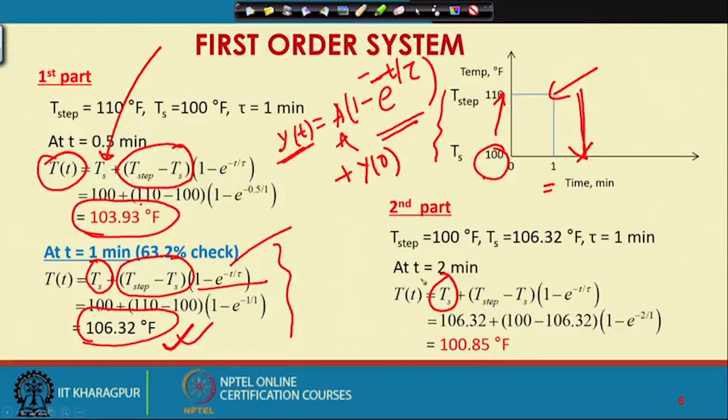Initial value is now this, because after 1 minute this was the temperature the thermometer was showing. Magnitude of step is now 100 minus 106.32, because this is the temperature that the instrument was showing after 1 minute.